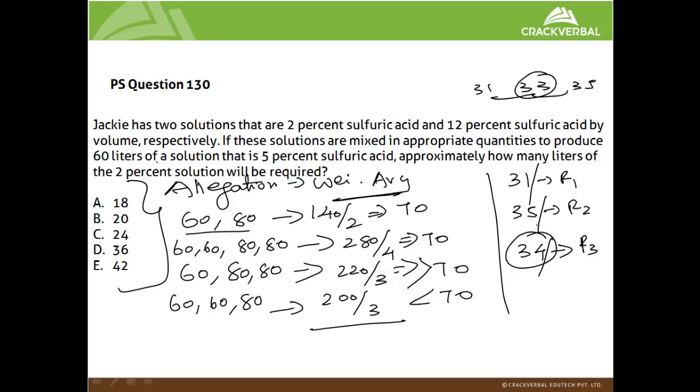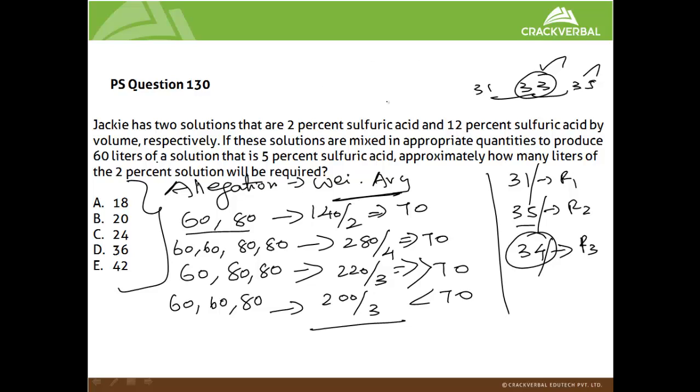That means if I mix equal quantities of R1 and R2, I have to sell for 33. But I am selling for 34. So that means I am mixing more of the 35. That's why my price has to be a little bit higher, 34. So that's the concept, that's the idea. If the higher value appears more, your weighted average has to tilt towards the higher value.